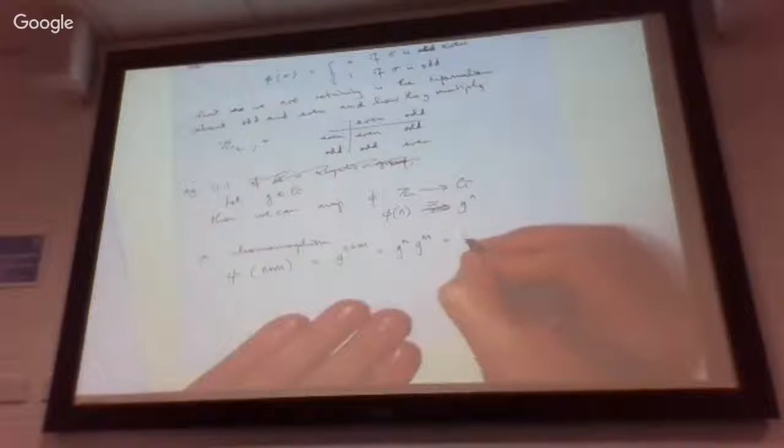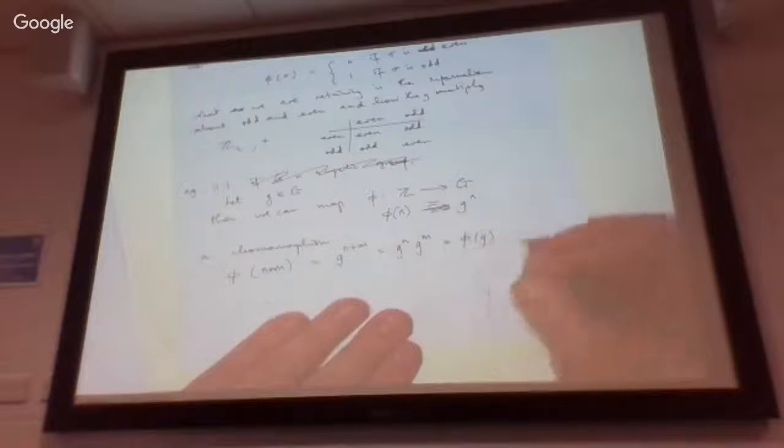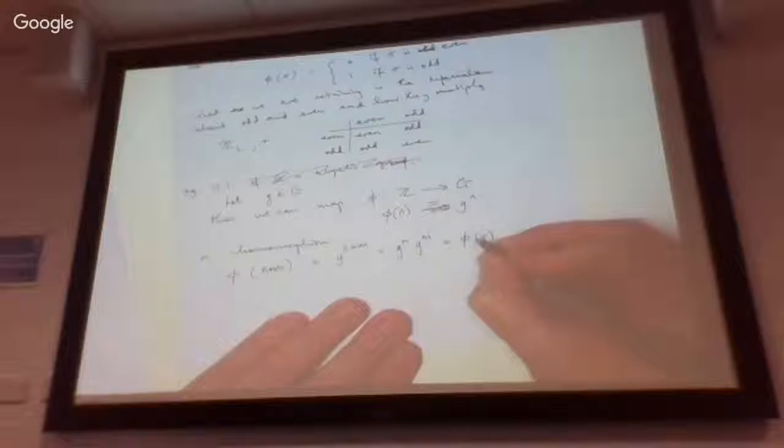So if I look at phi of m plus n, where the plus is the product in the group Z, this by definition of phi is g to the power m plus n. But by the rules of indices for powers of group elements, that's just g to the m times g to the n, which is exactly the image of m multiplied by the image of n inside the group G.